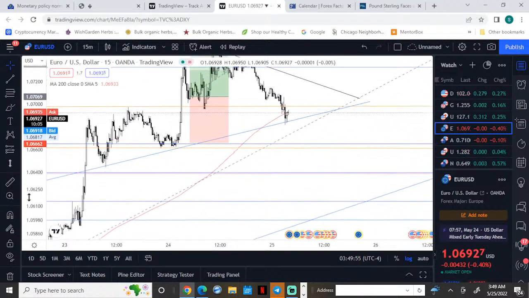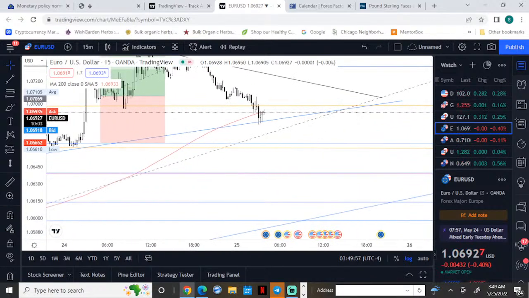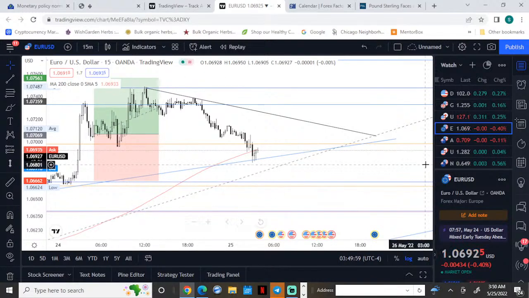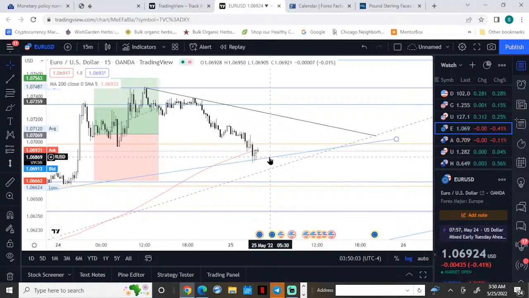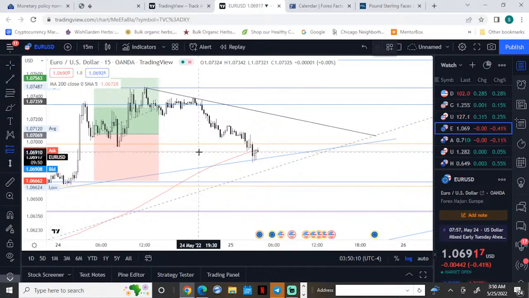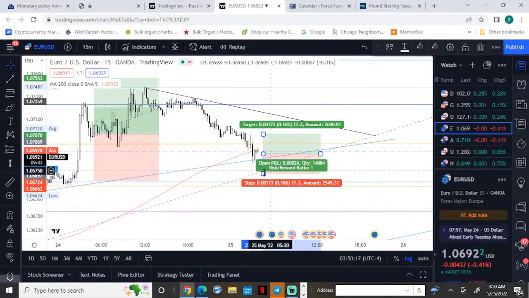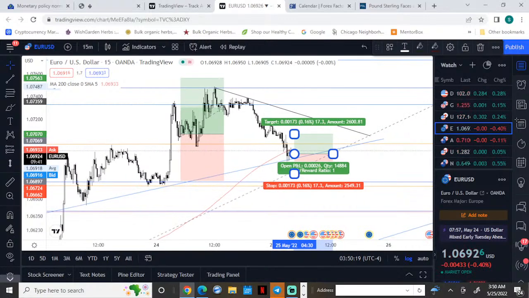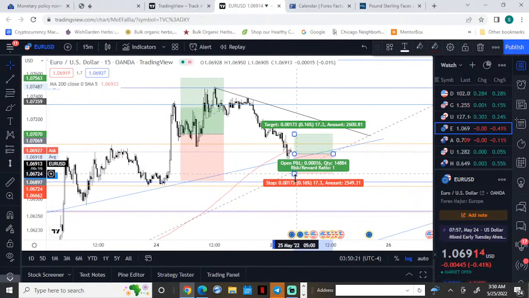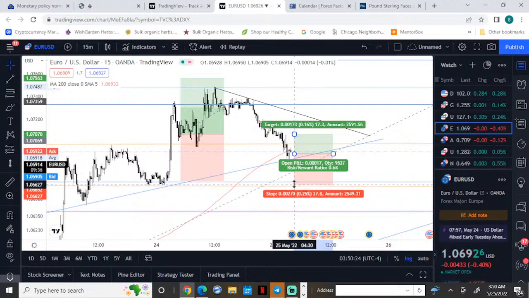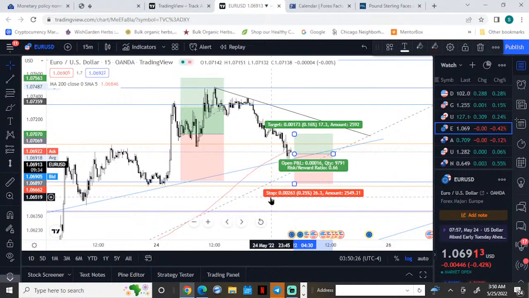And I would honestly wait for an engulfing candle or a double bottom off of this trend line. Stop loss at these equal lows right here, which is 26 pips.